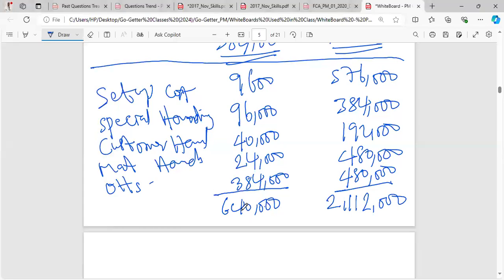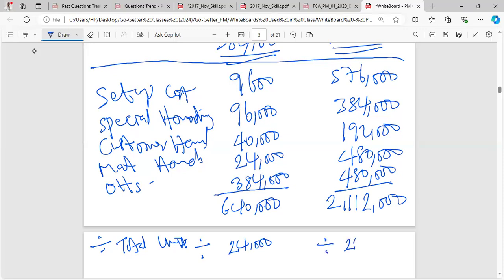So what do we now need to do? You will now divide by total units produced. So we are going to divide by 24,000 units.